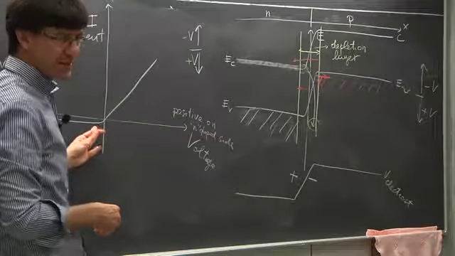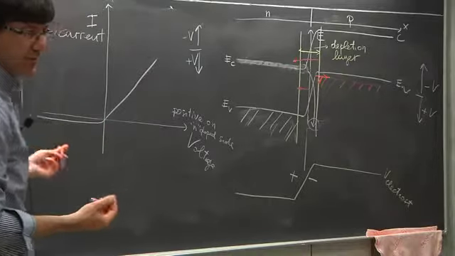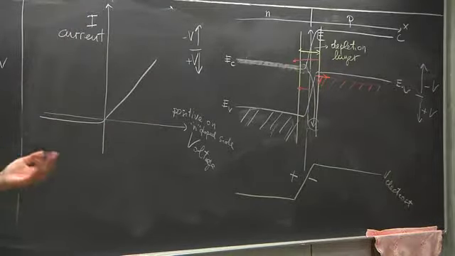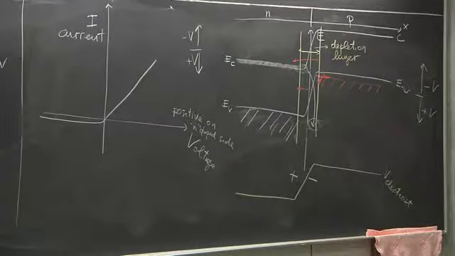I'm sure you recognize this as the characteristics of a diode, right? It's a rectifier. In a given direction, you have charge flowing. In the opposite direction, you have no charge flowing. And we've obtained this just based on a combination of n and p materials, semiconductors.